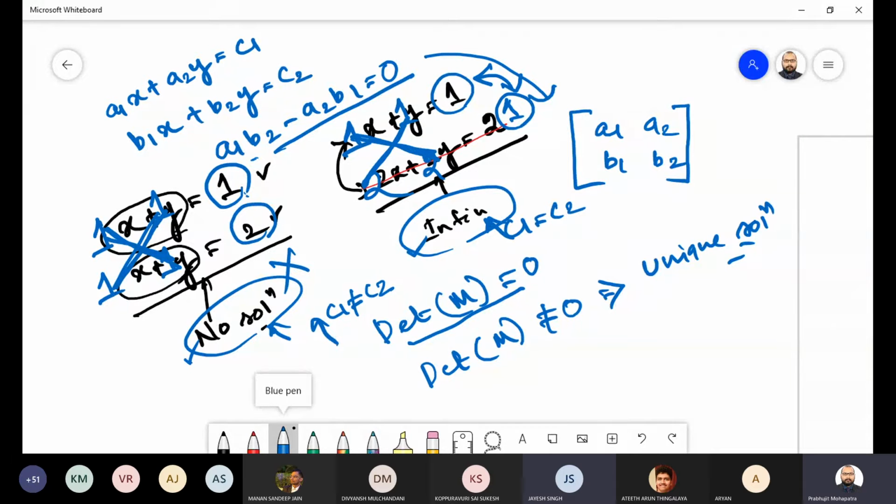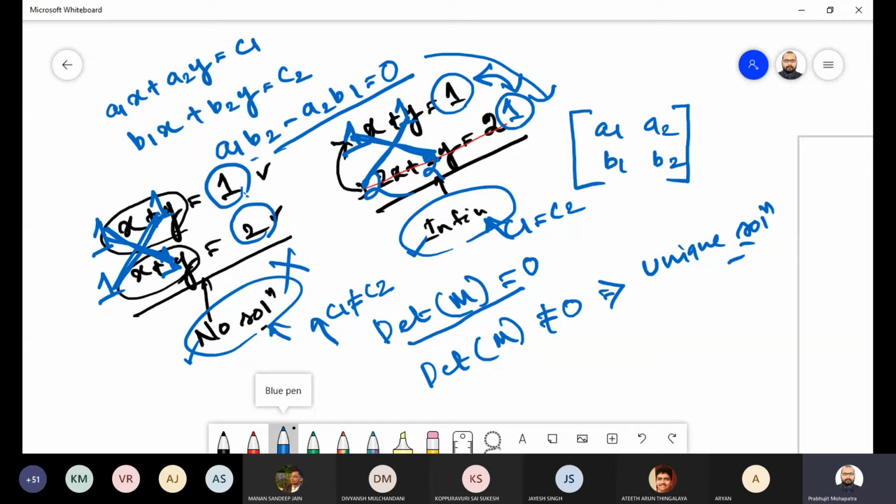Exactly, definitely we can say. That is what I was explaining. Determinant not equal to 0 means you are definitely going to have a unique solution.